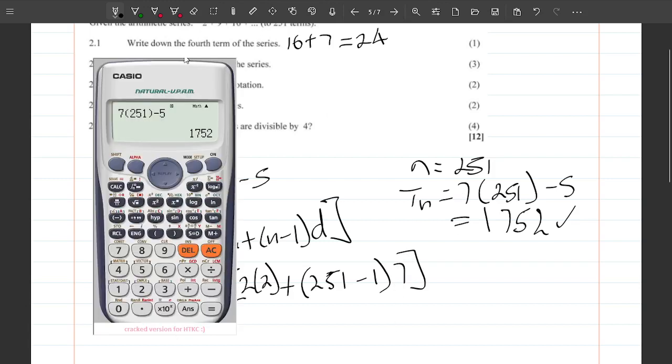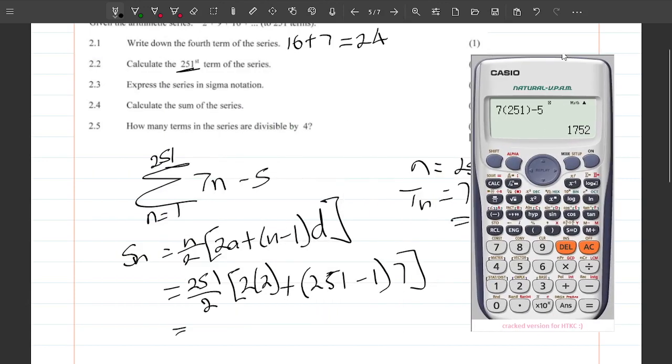So I'll bring back the calculator. I'm going to set it this side for visibility. Here I'm just going to put it in as it is: 251 divided by 2, open up that bracket, 2 multiplied by 2, plus (251 minus 1) multiplied by 7, and then close that bracket, and we get 22,127.